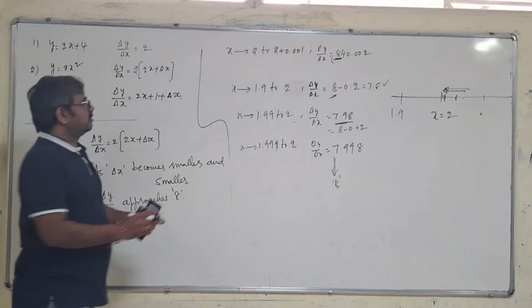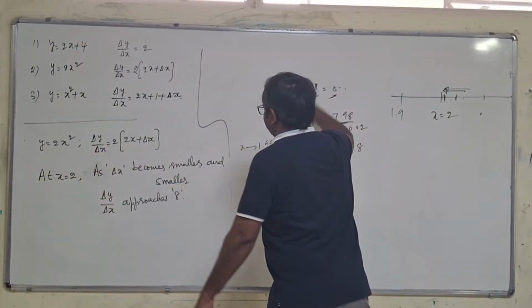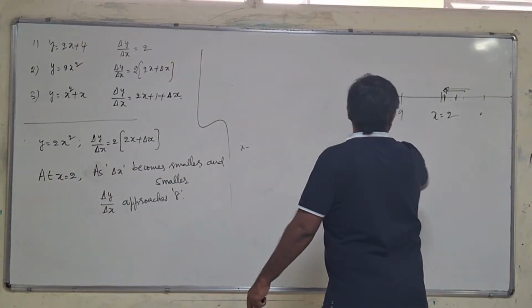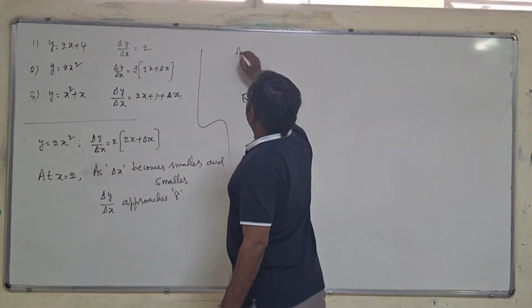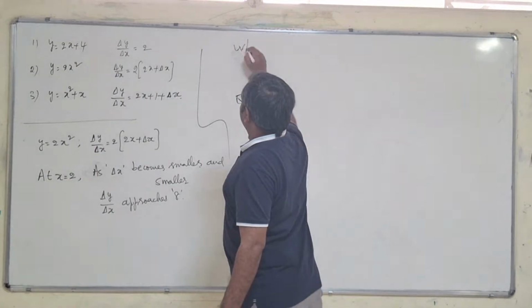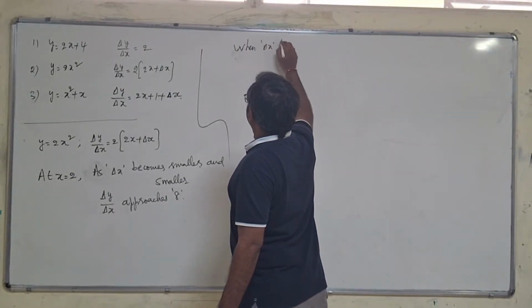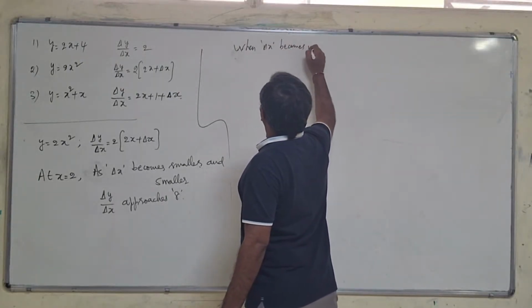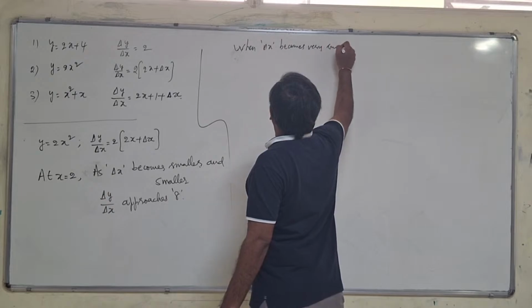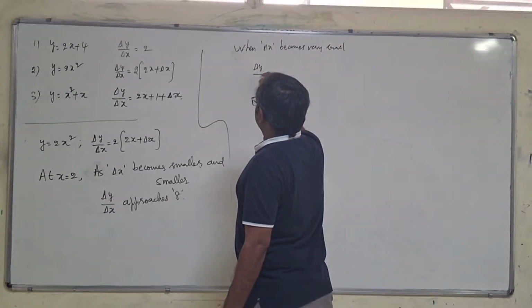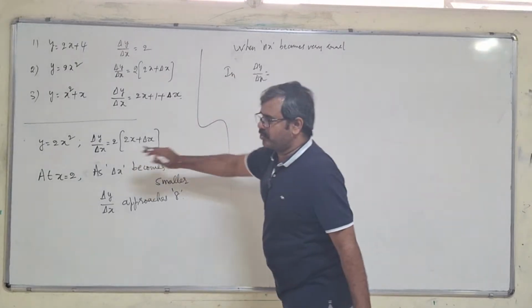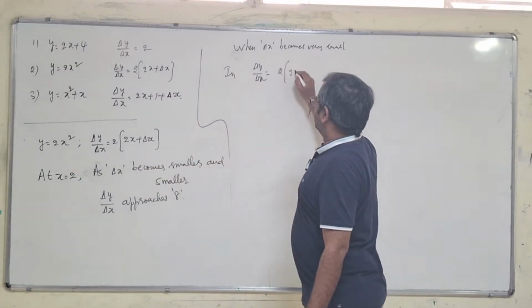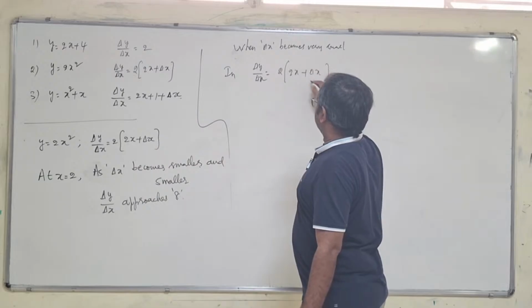Okay, so here, I'm going to generalize this: when delta x becomes very small, delta y by delta x is equal to, what do you have? 2 into 2x plus delta x.